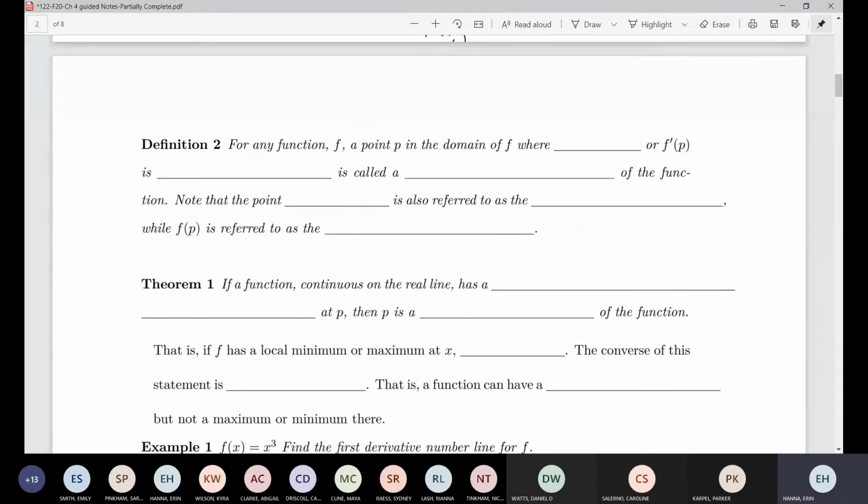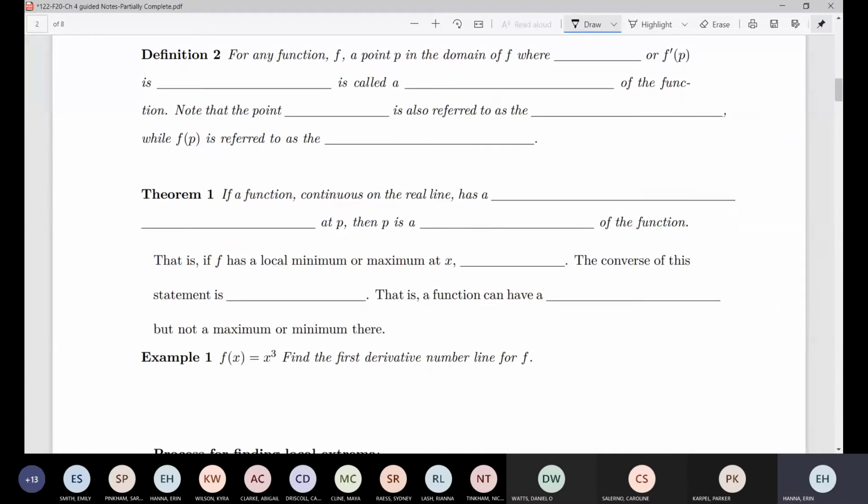So, lots of definitions first. For any function f, a point P where f prime of P equals 0, so the derivative at that point is 0, or f prime of P is undefined.